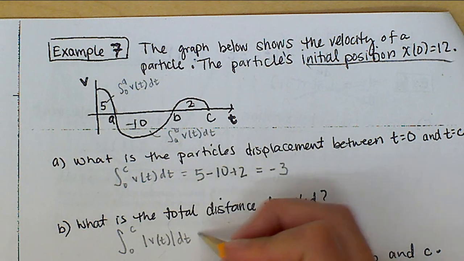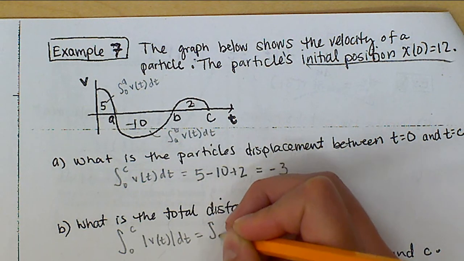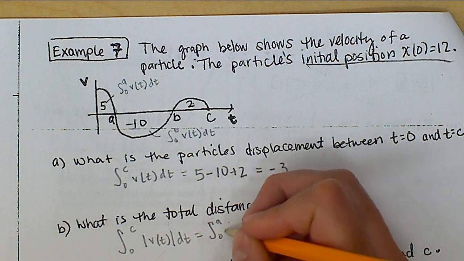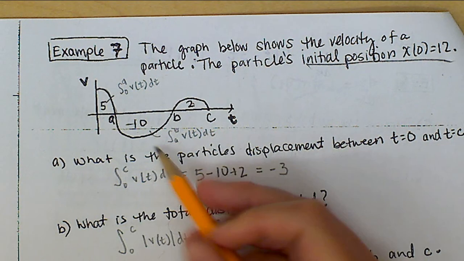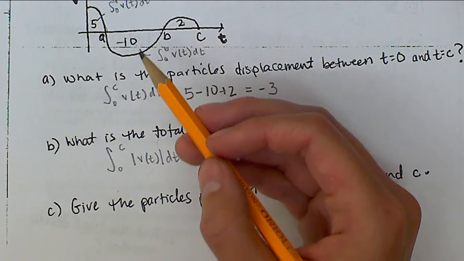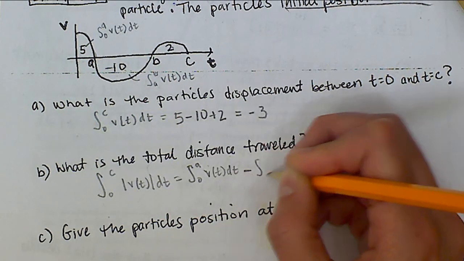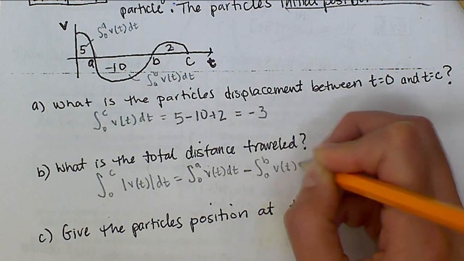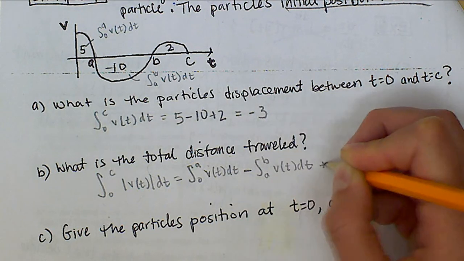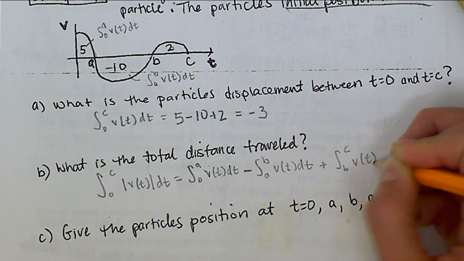And just like we broke them up before, we can break them up now. So we can go from 0 to a of v of t dt. Since the one from a to b is negative, we want to make it positive, so we'd say minus the integral from a to b of v of t dt, and then plus the integral from b to c of v of t dt.